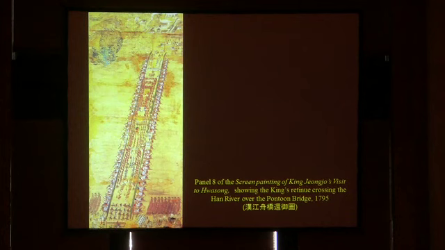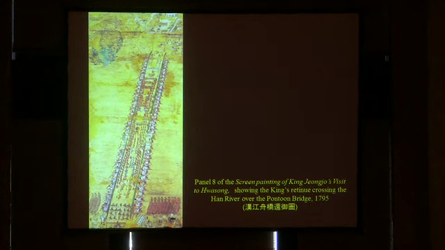And I want to show you how they crossed the Han River at that time. Because Hwasong is south of Seoul, about 100 kilometers. And so this is the pontoon bridge. Look at all these ships down there. And then across all these ships, they put panels so that this retinue can cross the Han River.